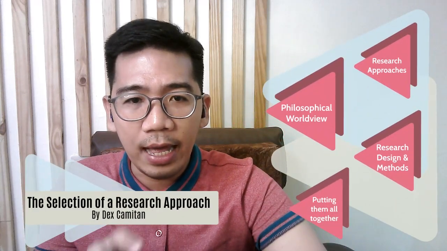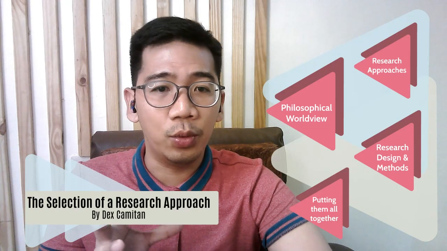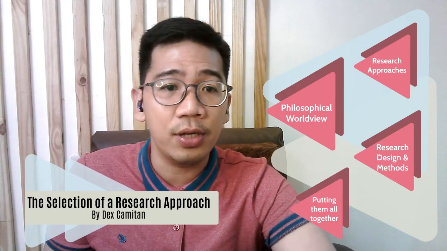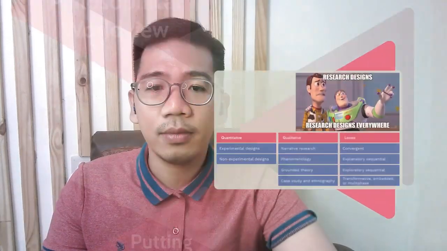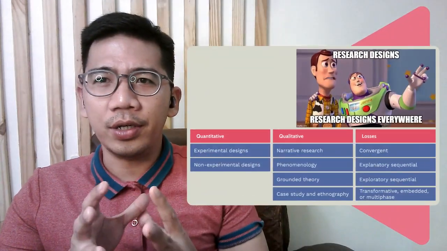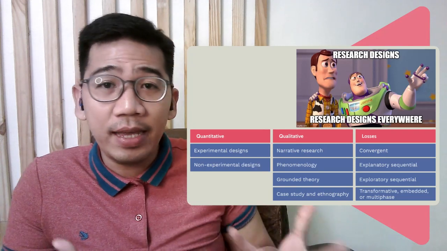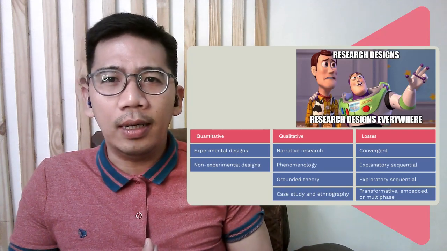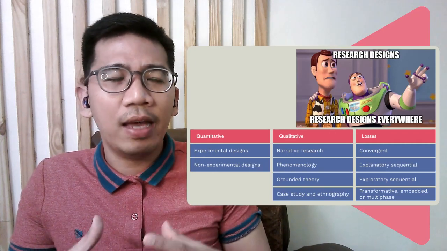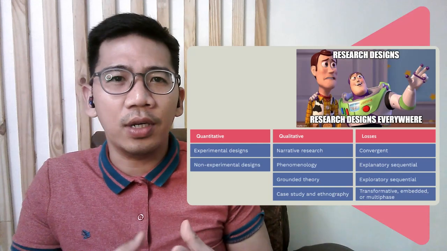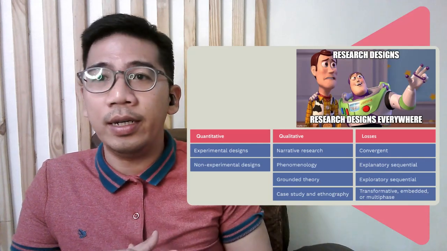So now that we have looked into the philosophical worldview that underpins these research approaches, let's now look at research design and method. Now, the researcher not only selects a qualitative, quantitative, or mixed method to conduct, they also have to decide on a sort of study within these three alternatives.